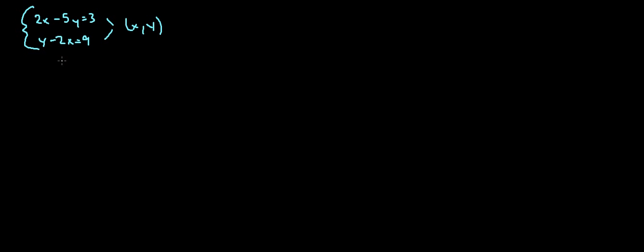So for now, I'm going to pick the second equation because it's easier for me to reorganize it into something in terms of one variable. So I'm going to pick the second equation and I'm going to solve it for one variable.